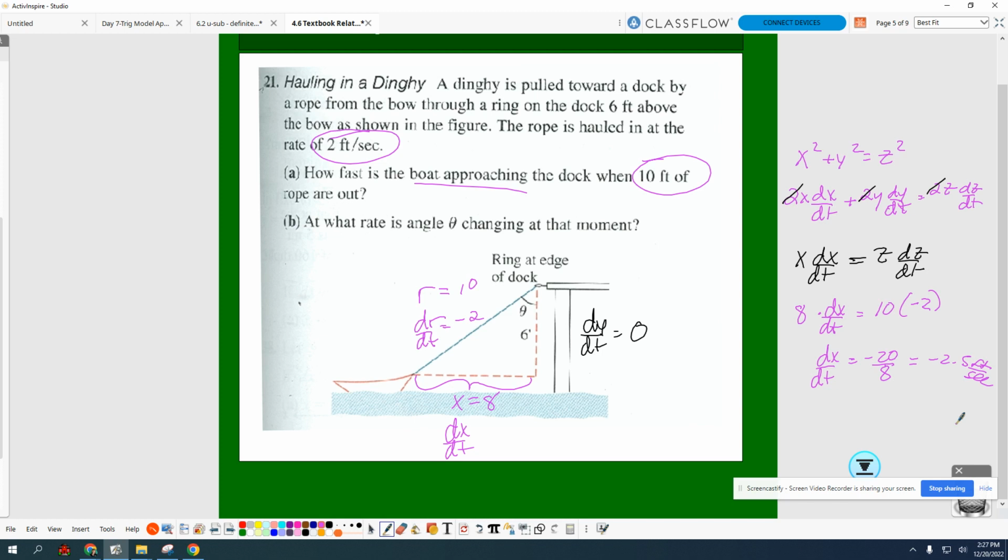Part B of this is asking us about that angle, and the angle's drawn here. It's not going to be the Pythagorean theorem, so what equation can I use to tie together that angle with the lengths?